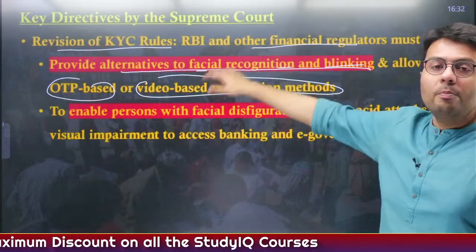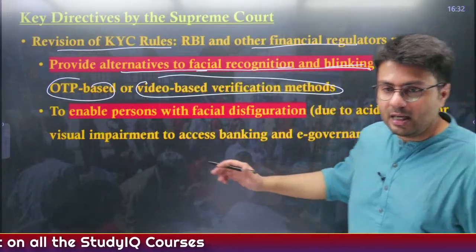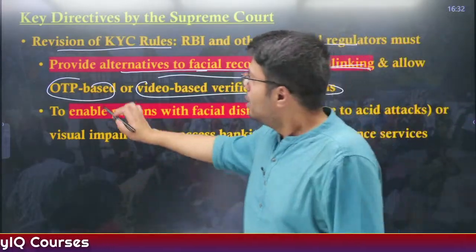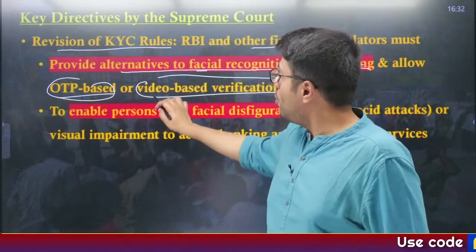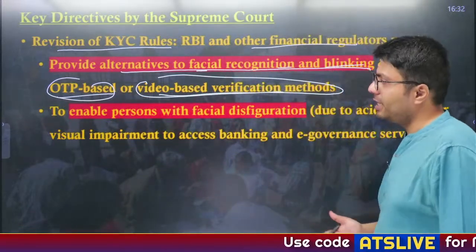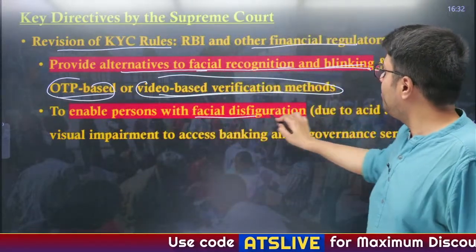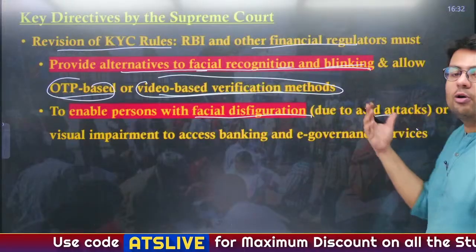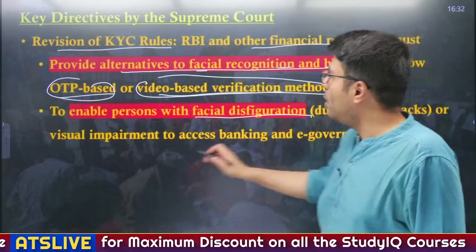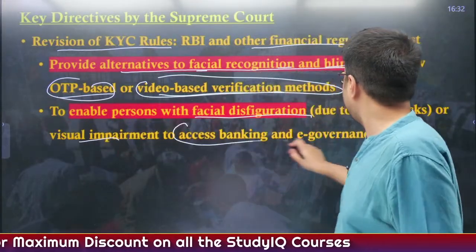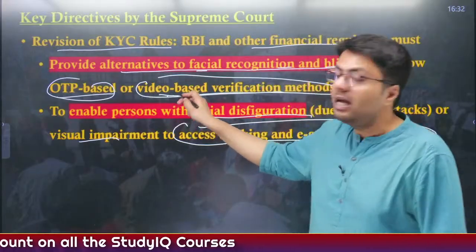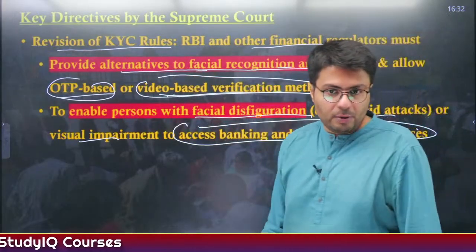So how will you verify that person? In that case, yes, know your customer. You also have to send an OTP and conduct video-based verification, and also enable persons with facial disfigurement due to acid attack or any accident, or persons who are visually impaired, to access banking and governance services. That is why these alternative options need to be provided.